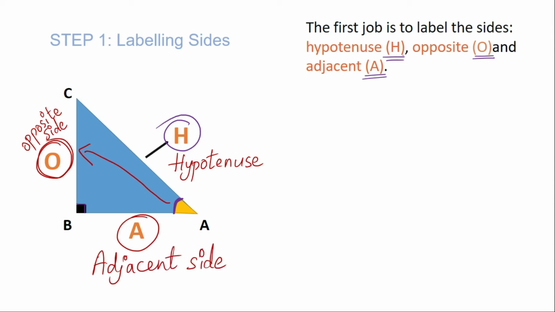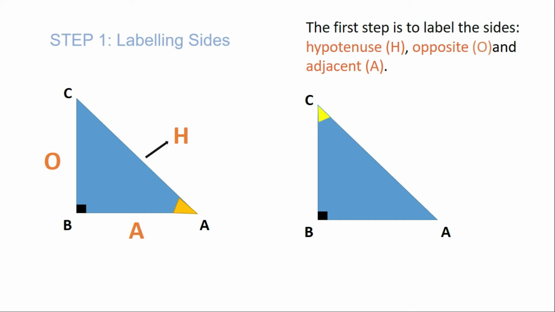Now let me give you the turn. You have another figure, triangle ABC, which has an acute angle marked at C, the yellow one. So try if you can mark the H, O and A, the hypotenuse, opposite side and the adjacent, for the given acute angle. It's always easy if you start from the hypotenuse.